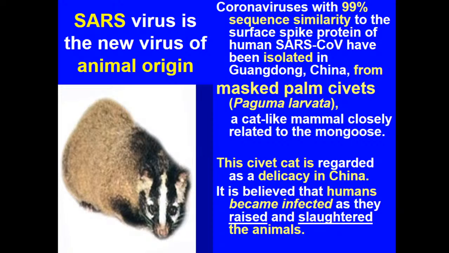This civet cat is blamed as a source of SARS, and it is regarded as a delicacy in China, so they eat it. It is believed that humans became infected as they raised and slaughtered these types of animals.